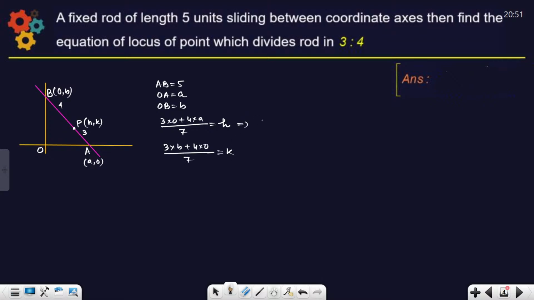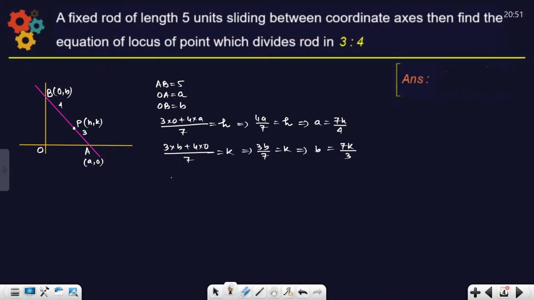So from here we are getting 4a over 7 is h and 3b over 7 is k. So from here a is basically 7h over 4 and b is basically 7k over 3. Right?